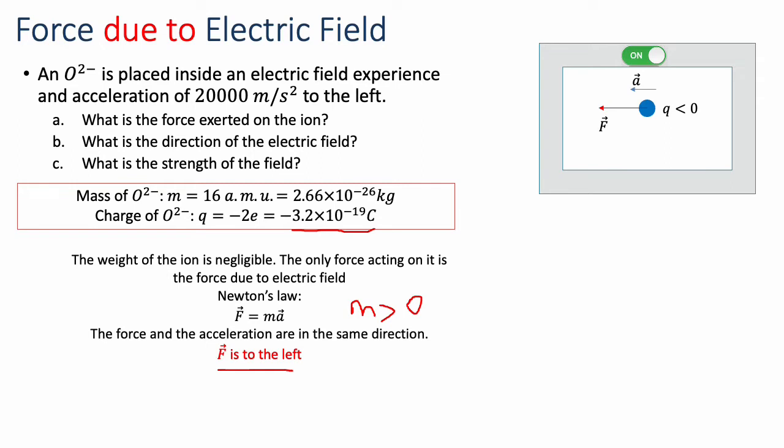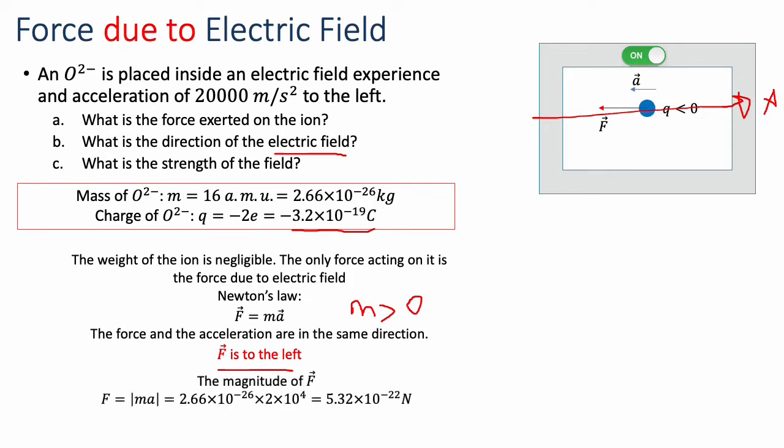Okay, what is the direction of the electric field now? Let me recall the relation between the force and the electric field. But before we find the direction of the electric field, let's find the magnitude of this force. So the magnitude of F comes from Newton's law. I take an axis here. I can project it on the x-axis. Or I can directly work with magnitudes, because I have one force and one acceleration.